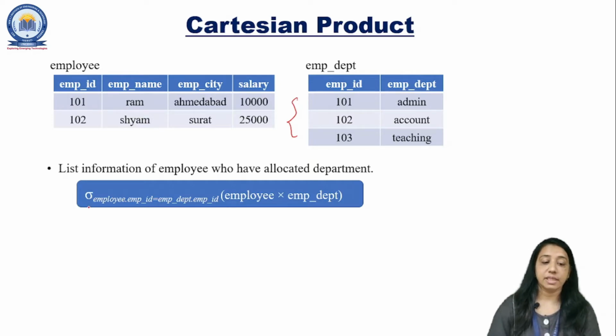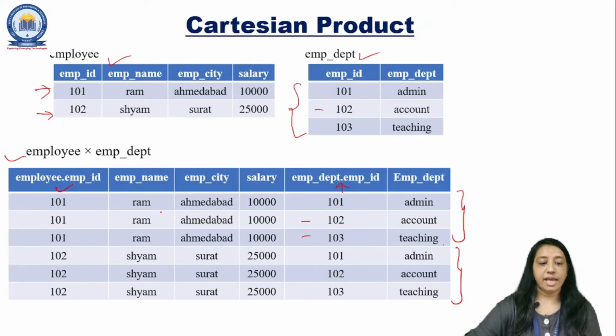Now we just need to identify or retrieve the data where the ID of the employee table and the employee underscore department table are the same. You can see that in the previous one, there is no meaning in the other rows. This one has some meaning, because here you can see employee ID 101, and here also employee ID 101.